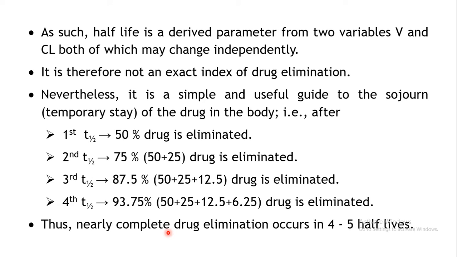So as such the half-life of a particular drug will only give you a rough value. It will not give you an exact value. But anyhow, you can use this particular parameter to find out how much time will be required for complete elimination of that particular drug. You can find out approximately how long it will take for your drug to be removed out of the body.